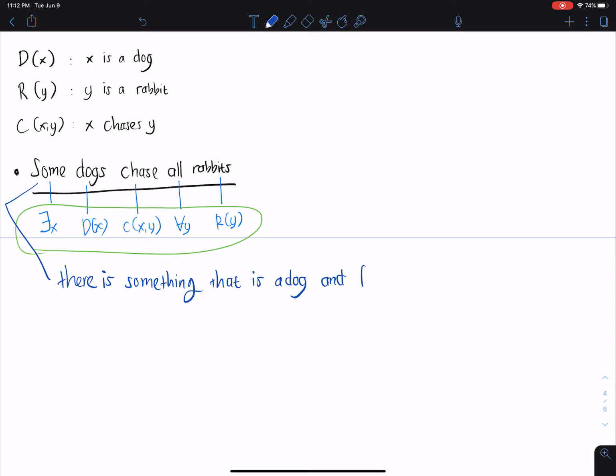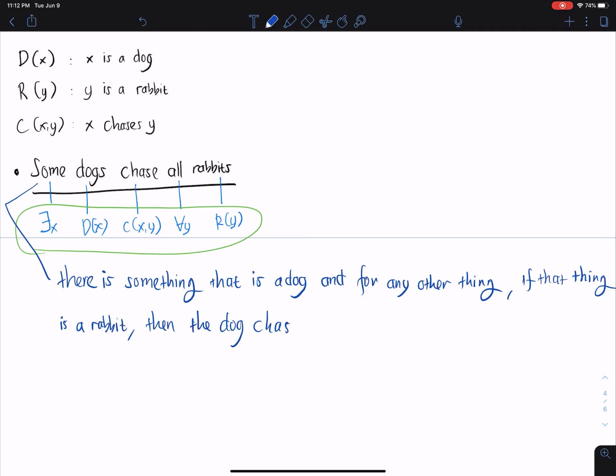And for any other thing, if that thing is a rabbit, then the dog chased it. Okay.